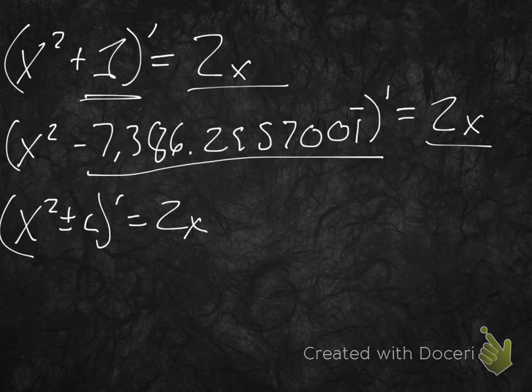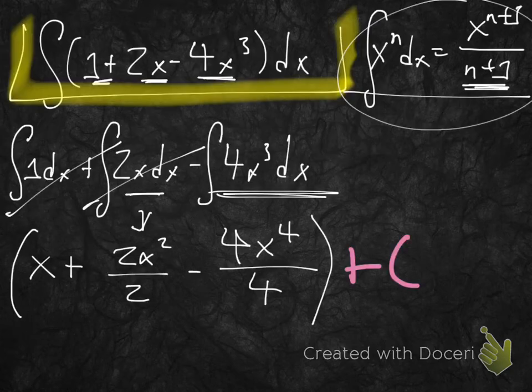So we have to add plus c to any function we're taking the indefinite integral of, or the antiderivative of, because we could have any constant we wanted tacked on to the end of this, and it would totally be cool, and the antiderivative would be exactly the same, because we'd just be adding 0 to it. So that's why we have to have this big fat plus c right here.